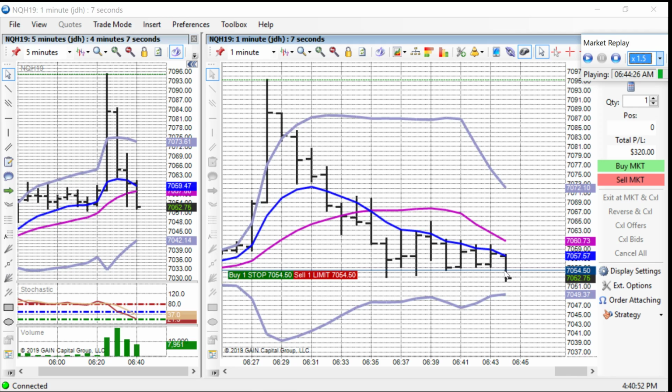What I expect it to do is probably bounce off that lower Bollinger Band here, because even though that's a breakout of that ledge, we've still got these flat Bollinger Bands. This one's narrowing inward. This one's narrowing inward.